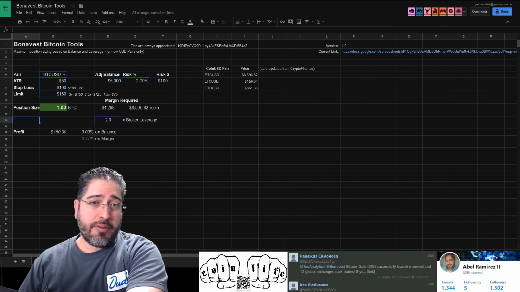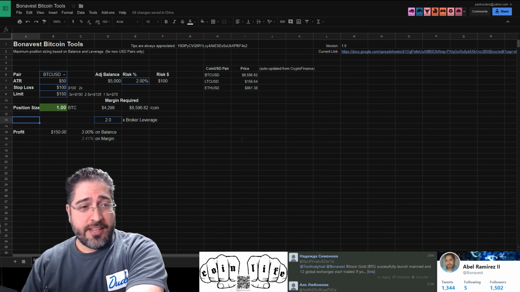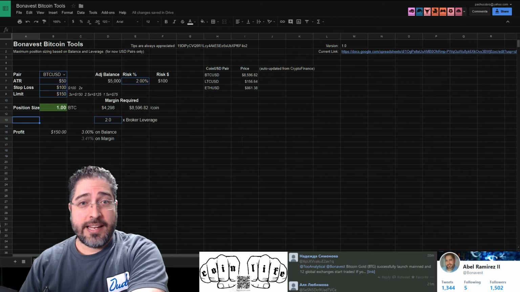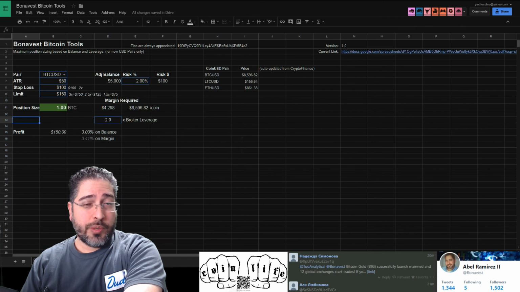In fact, you'll probably do better if you take a smaller position size. So if you set your risk percentage and then use half of that position size, try it out and see how it affects your balance and how much room is available when it goes against you.